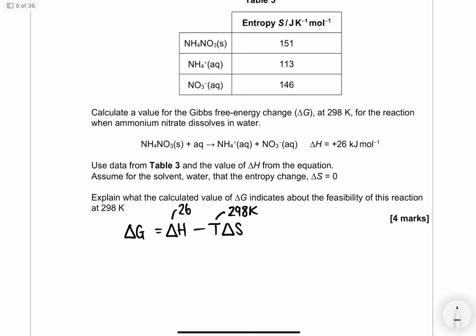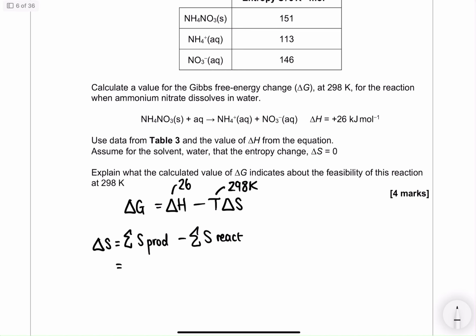We need to calculate delta S by doing, it's the sum of the entropies of the products minus the sum of the entropies of the reactants. We want to know how much the entropy changes during this reaction. So the products being 1 ammonium ion and 1 nitrate ion, and the reactants being 1 ammonium nitrate.